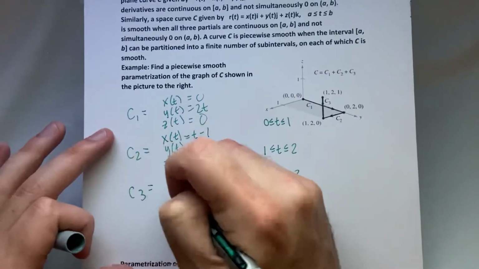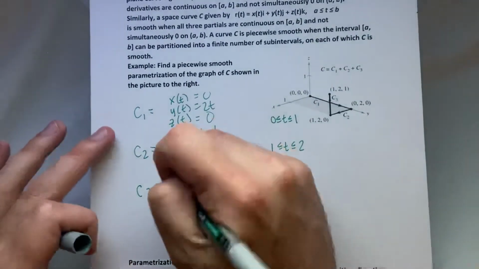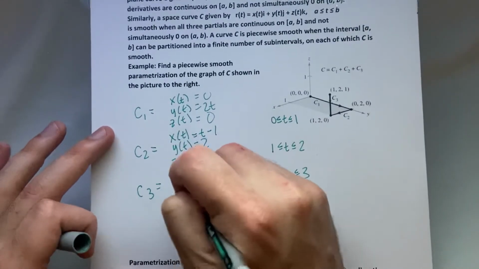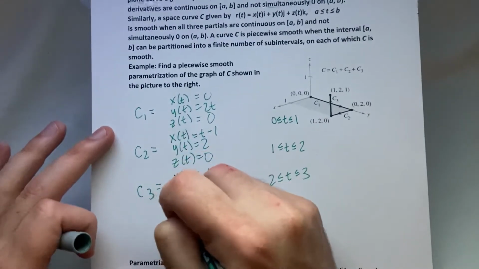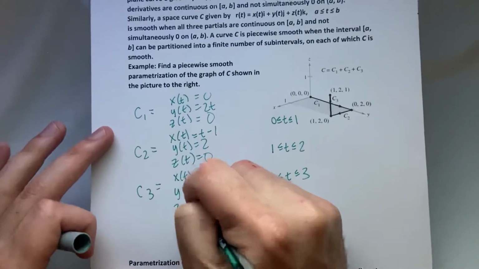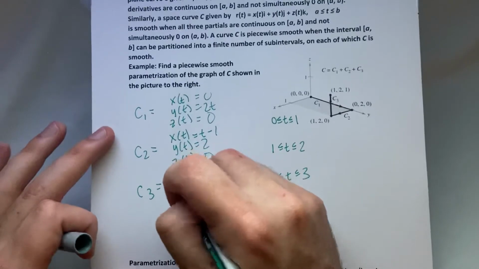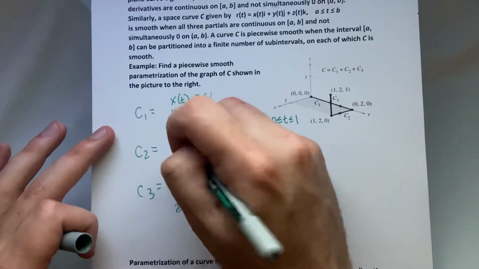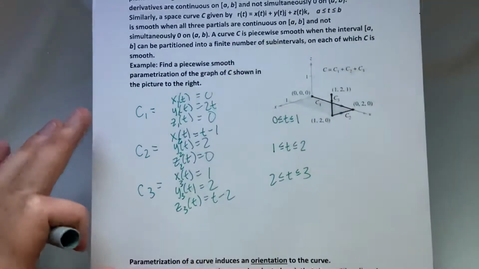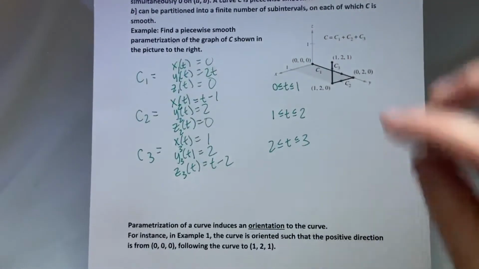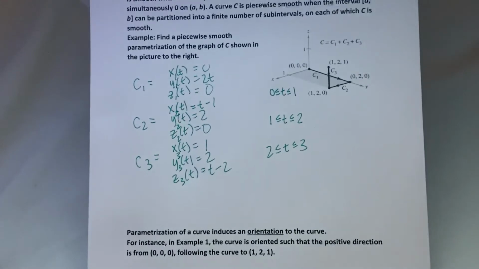Finally, for the last function, when z is moving, x of t is stuck at 1, y of t is stuck at 2, and z of t is t minus 2. We'll call these C1, C2, and C3 for the three intervals. So this is a parametrization of the movement here.